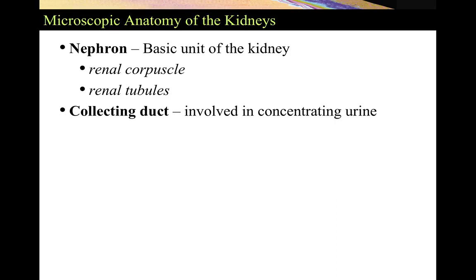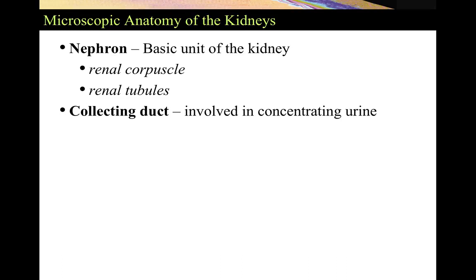When that urine is being produced by your kidneys, it eventually empties into structures referred to as collecting ducts. So basically you collect urine. And the collecting duct also has an ability to help with forming concentrated urine when you are dehydrated.